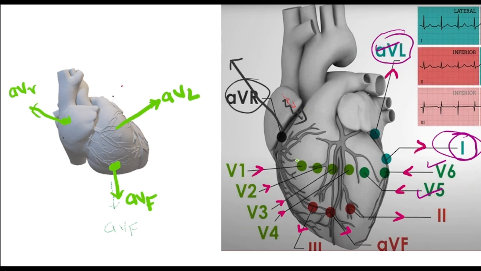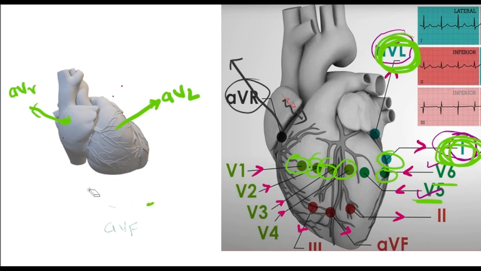Can you see here where V1 to V6 is, where V5 and V6 are on the lateral side, and lead 1 is also on the lateral side. Now AVL is also facing the lateral side, and the inferior side, I told you, obviously we have AVF. And lead 3 and lead 2.